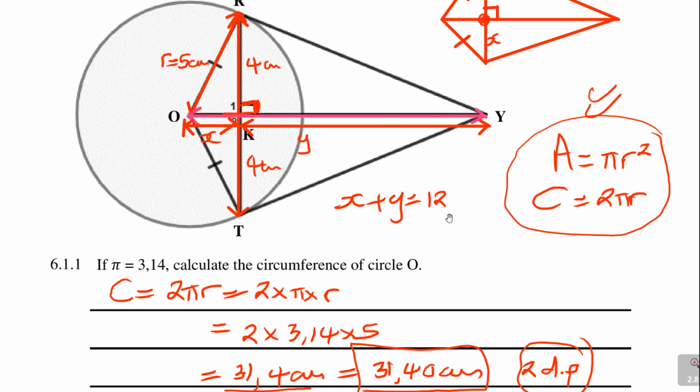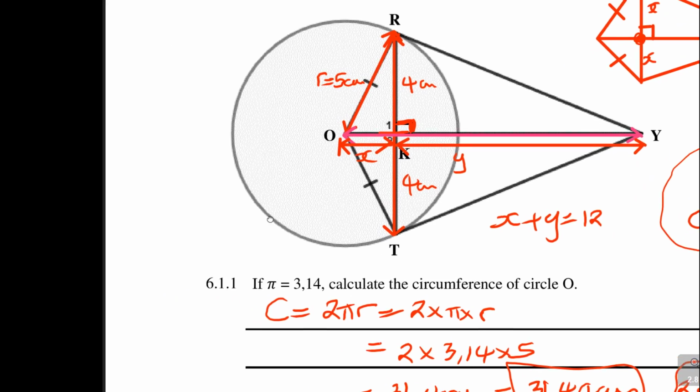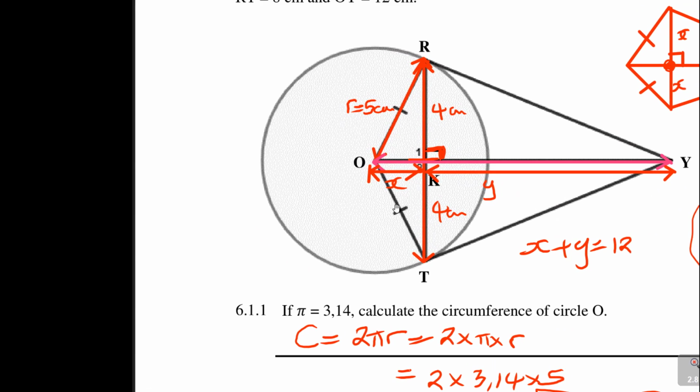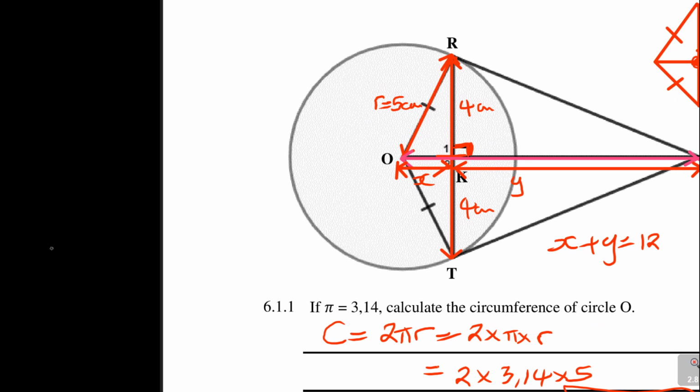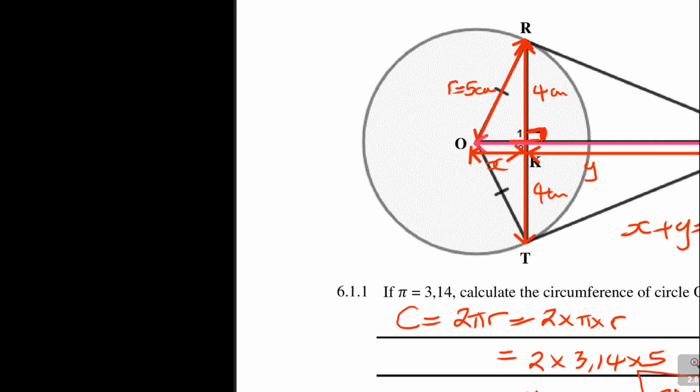Are you getting that? Now, what do we do? Work it like this. There is already a hint here. Look at this. If I take this from the circle, this one and this one, this is 90 degrees, they told us. This is our O, this is our R, and this is our K. Do you see that? They were actually testing the theorem of Pythagoras. This is 4 centimeters.